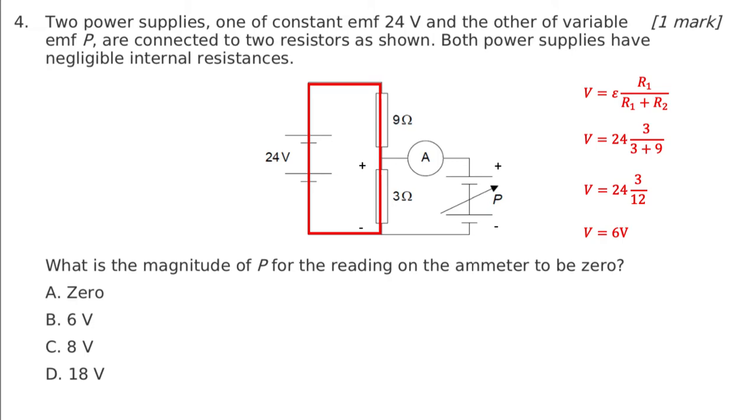In other words, the current here will only be equal to 0 if my EMF at P is equal to the potential difference across that 3 ohm resistor. We've just calculated the potential difference is 6, and so therefore P must also have a value of 6 volts. Okay, so within this loop, if we use Kirchhoff's laws, then we're going to find that those 2 values will cancel each other out, and so therefore we're looking at B, 6 volts.